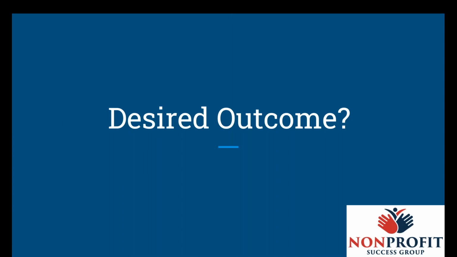There's common threads as to why donors give to your organization: an affinity to your mission, a social desire to make a difference, religion, family, friends. But their desired outcome is relatively unknown unless you ask them, unless you have that conversation.